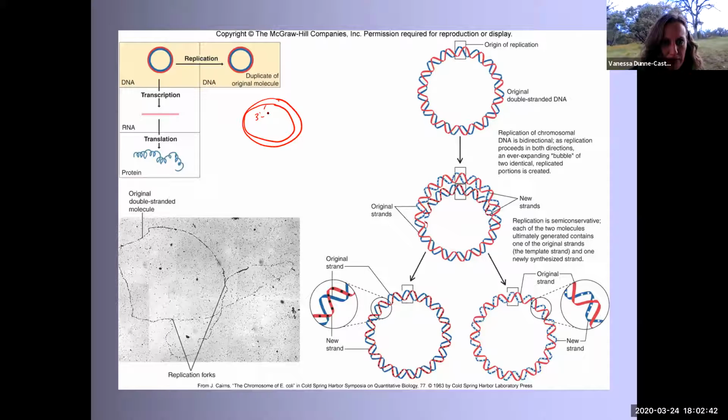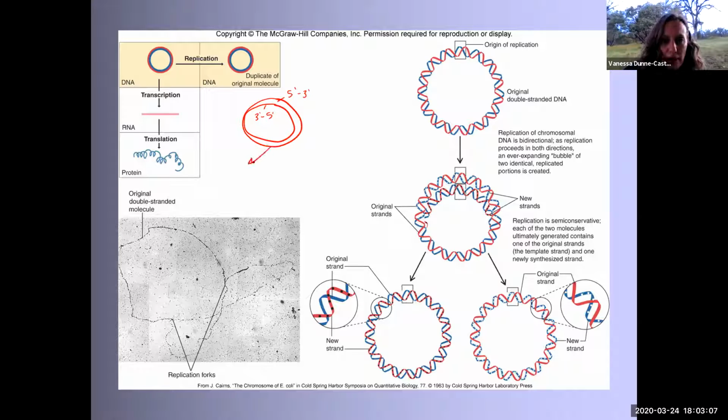Maybe this is 3 to 5 orientation, and our complement is 5 to 3. And during replication, these guys will separate, and both of them will be templates. And this term templates references, like if you have a Xerox machine or a copy machine, the template is that piece of paper that's going to be copied, right? Same thing here. So both of these will be templates, which means both of them will be copied.